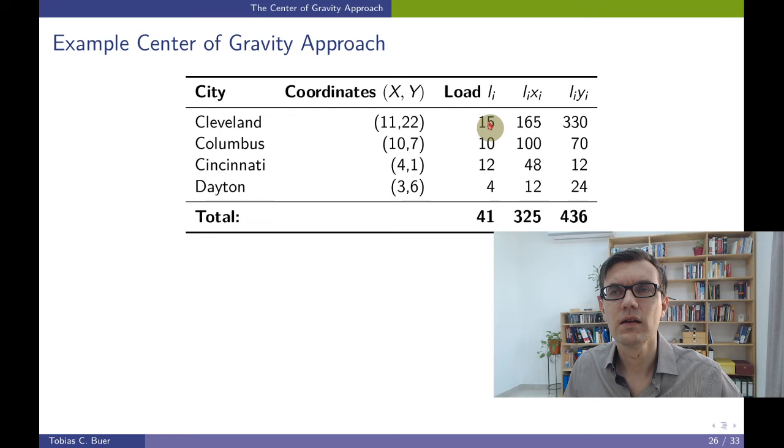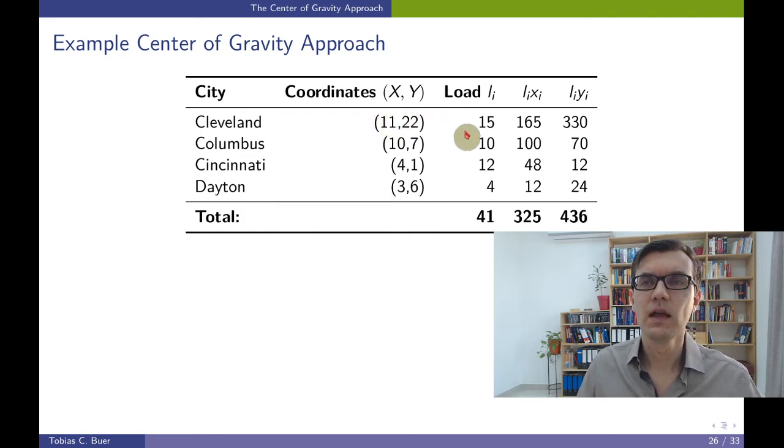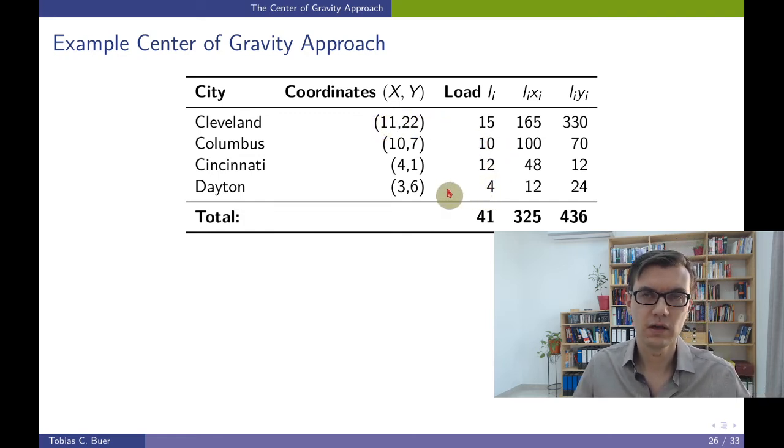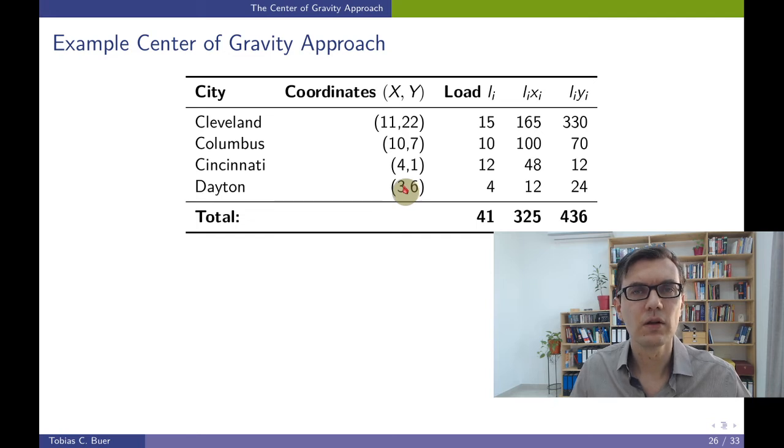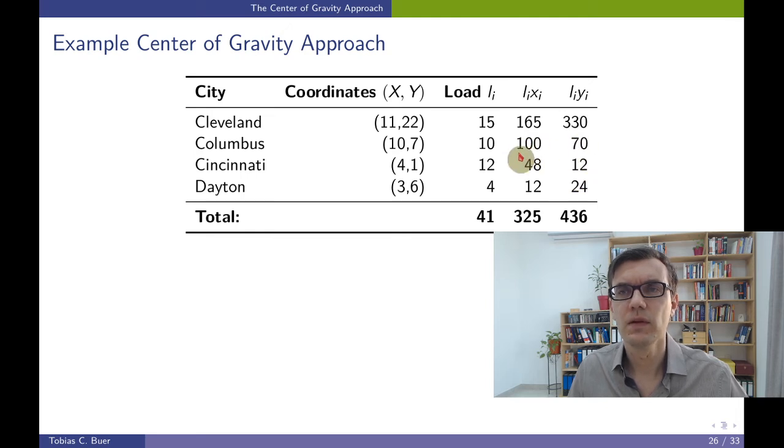I calculate the load times 11, which is the x coordinate of Cleveland. I calculate 4 times 3, because 3 is the x coordinate of Dayton, and the result is 12. I repeat this process for the y coordinate. So for example, 7 times 10 equals 70.